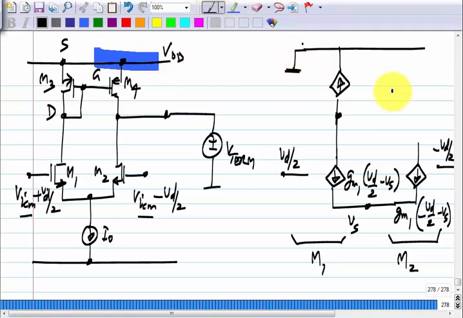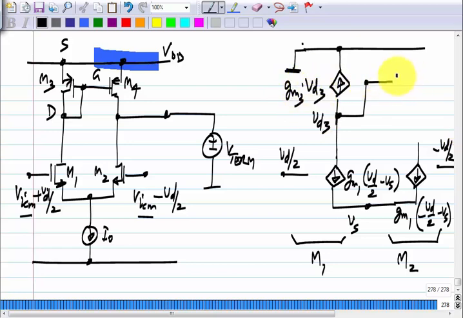So, this is also ground, and the gate is shorted to the drain. So, let me just call this VD3 or something, VG3, you call it anything you want. What is the current source value? Yeah, GM3 times VD3.